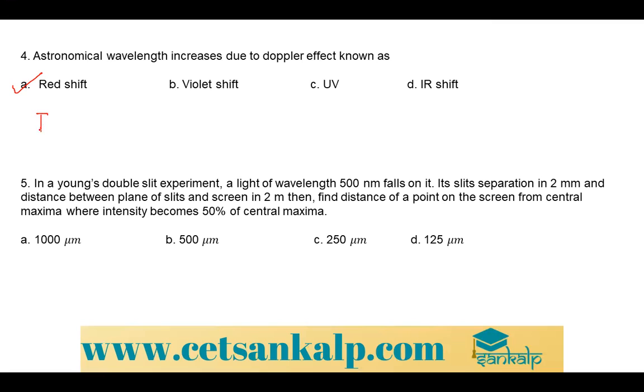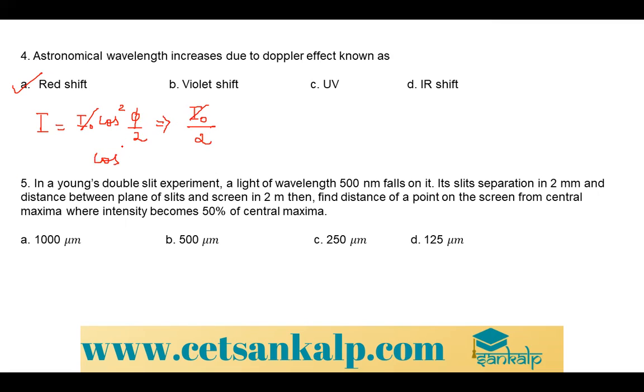You have I is equal to I naught cos square phi by 2. As they have told, it will be half, I naught by 2. The intensity is reduced, so I naught and I naught cancel.